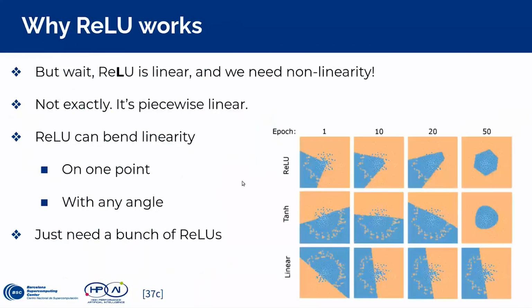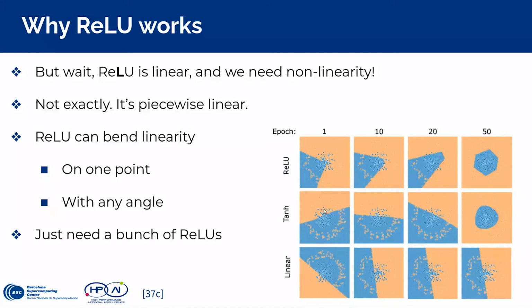So one weird thing is that ReLU is actually linear, right? I mean, it has linear in the name, but we need the nonlinearity for learning nonlinear patterns. And we can see an example of nonlinear patterns in which the linear function fails. So we have these blue dots in the middle and the orange dots around it, and we want to separate them. And the linear function is trying to find a line, but it's impossible to separate this with a line.